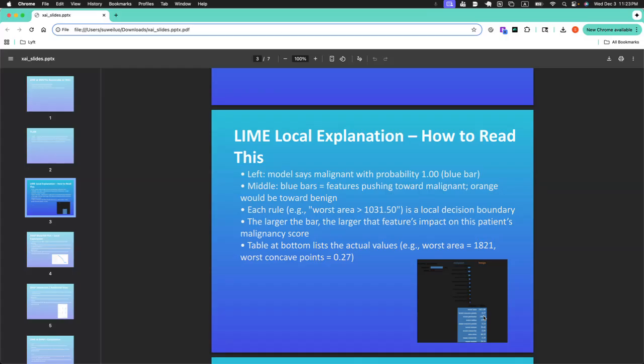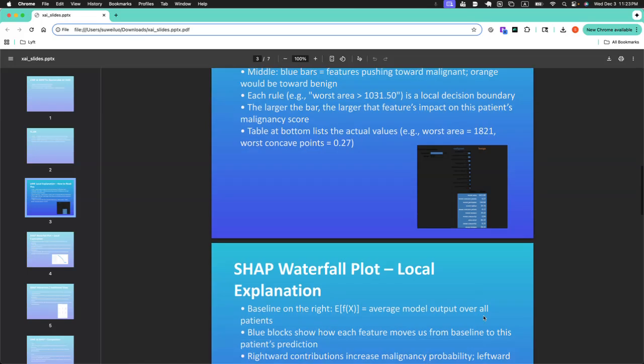The larger the bar, regardless of whether it's blue or orange, the larger that feature's impact on the patient's malignancy score, so whether it is breast cancer or not. And the table at the bottom lists the actual values.